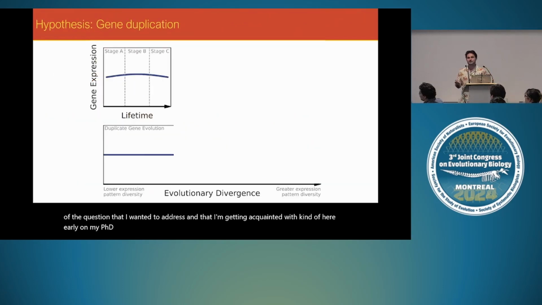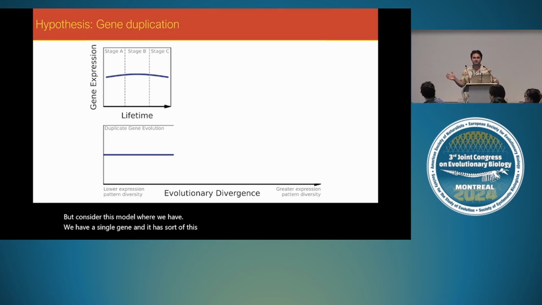So here's an idea, and I got this from cell differentiation theory, and if anyone here is into that, I'm representing it as it was 10 or 20 years ago. So bear with me. But consider this model where we have a single gene, and it has this broad expression pattern across stages. What you'd expect is some degree of evolutionary constraint that's determined by variation in this gene.